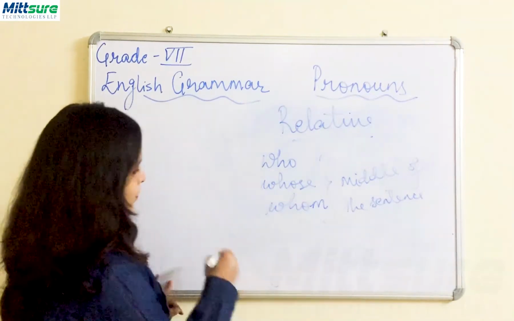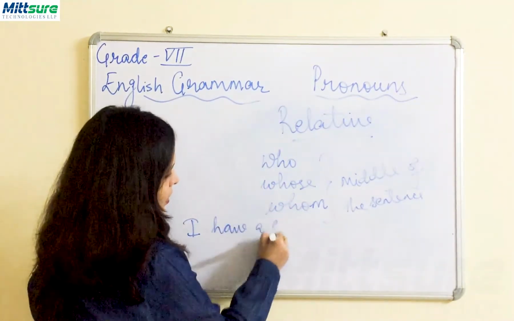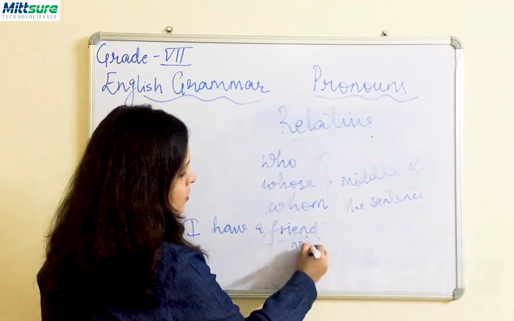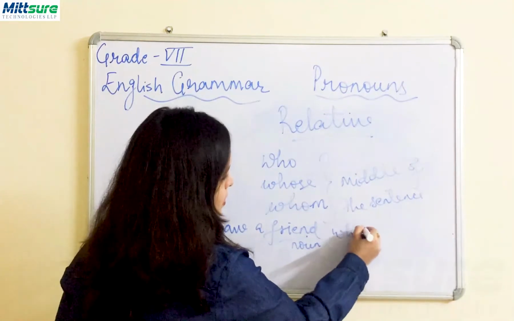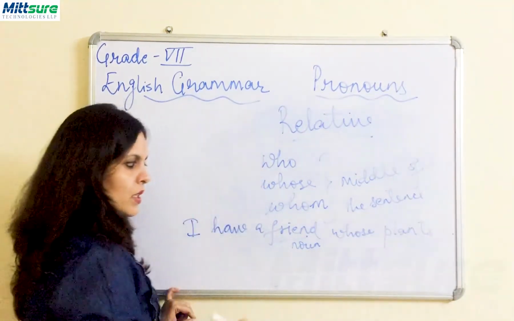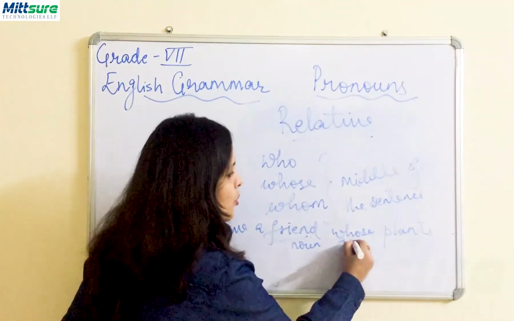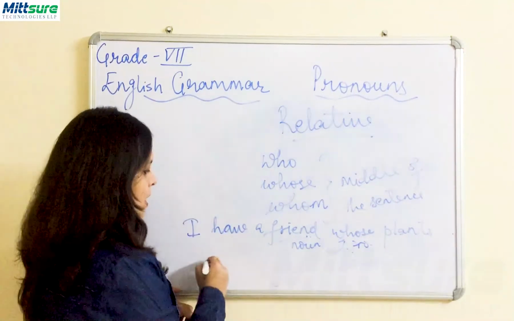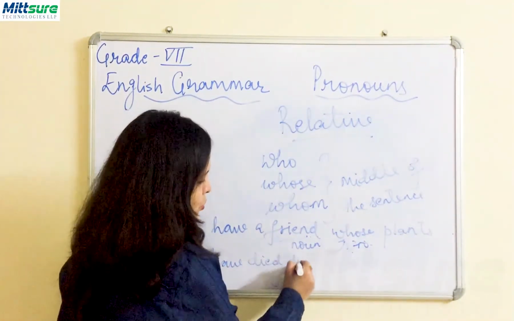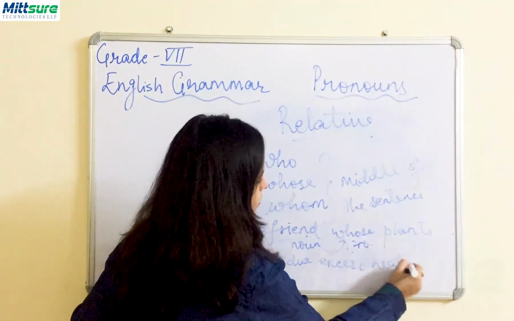So let me write this. I have a friend. Friend is a noun. Whose plants. So right after this we have this relative pronoun, right? Whose plants have died due to excess heat.